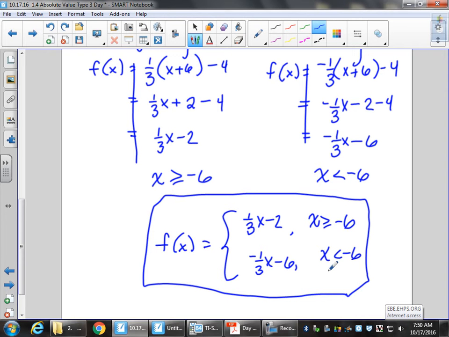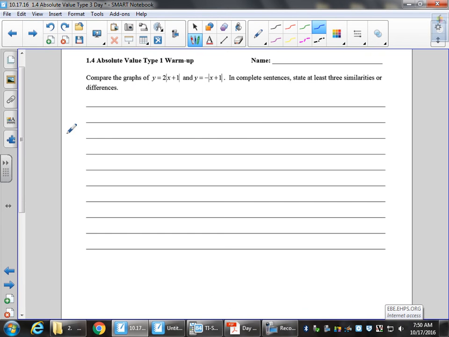Compare, compare, compare. Compare the graphs. I'm given two different graphs. In complete sentences, state at least three similarities or three differences. I'm cool with bullets. If you want to do bullet points, that's fine.